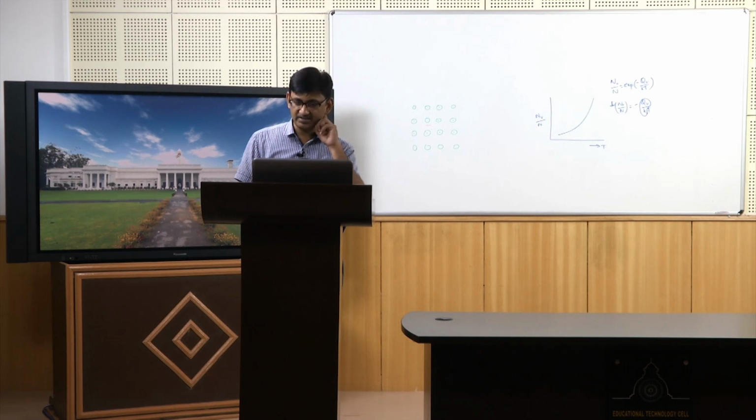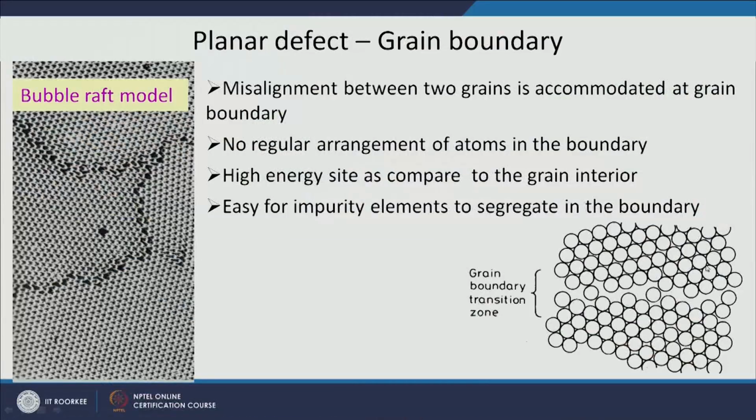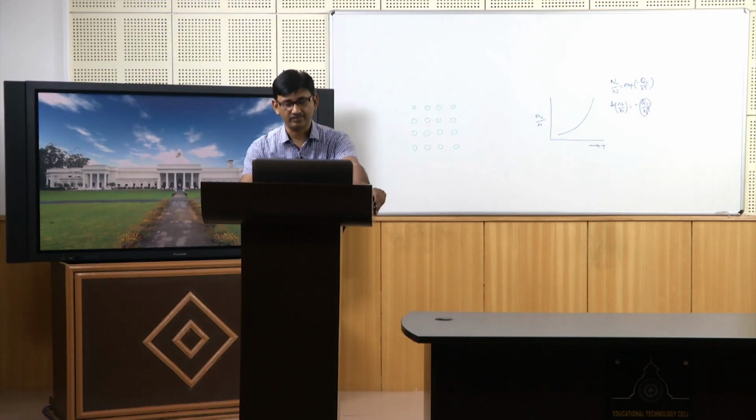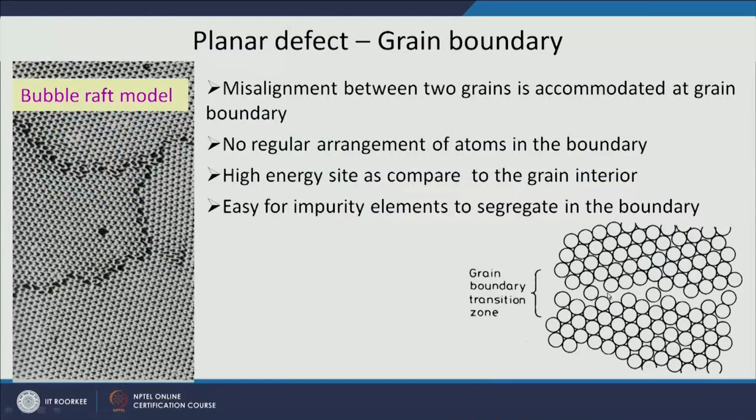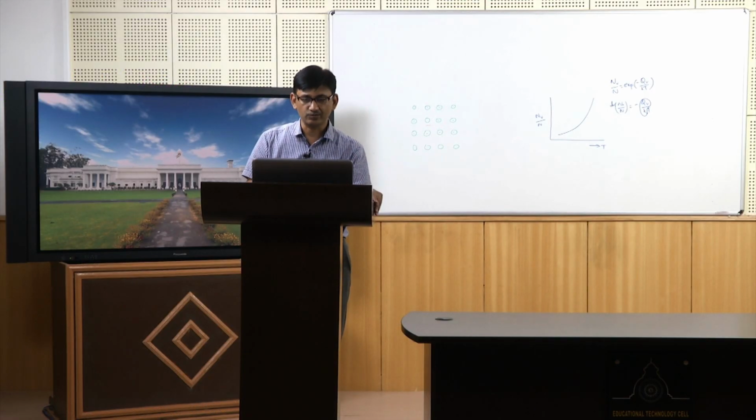So, you can also understand that these are high energy areas because the bond length is not at its equilibrium distance. Also, because there are more gaps available here, it is very easy for an impurity atom or foreign atom to come and sit here. Okay. So, there is a segregation of atoms in the grain boundary.